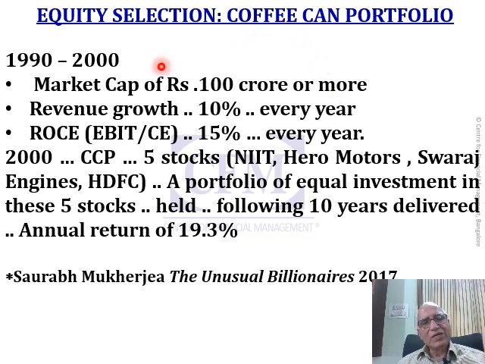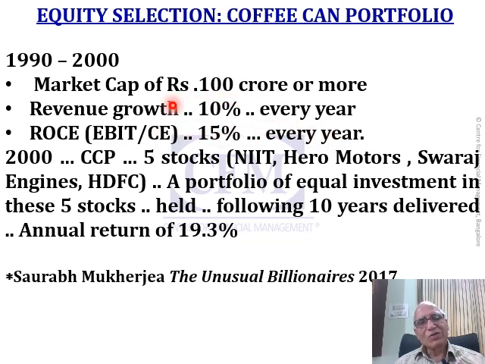He examined the data for listed stocks in India over a 10-year period and applied three filters: market cap of rupees 100 crore or more every year, revenue growth of at least 10% every year, and return on capital employed, which he defines as earnings before interest and taxes divided by capital employed, of 15% every year.